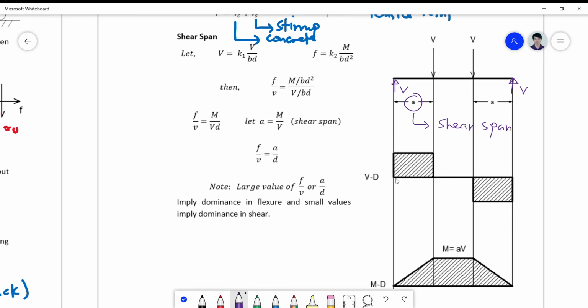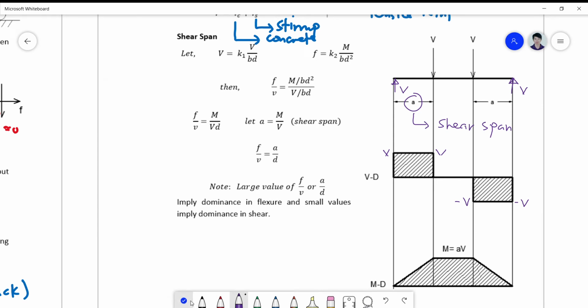Of course, this will go up by V, and then it will go down by V there. And then no load, 0. Then it will go down again by the V force there, negative V, and then it goes up there. So this is now my shear diagram.